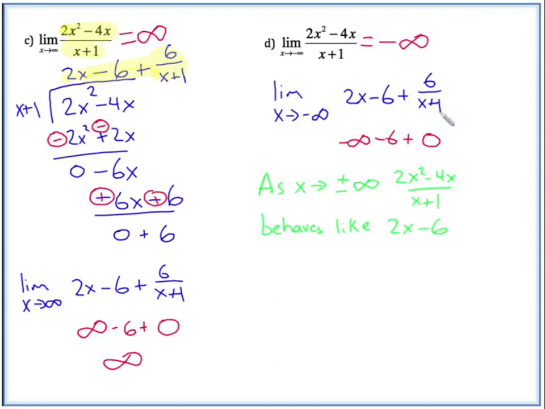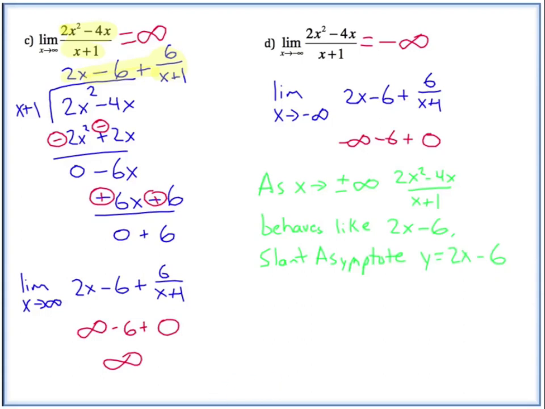So notice this part really didn't matter. So this function is now behaving like this function, and this actually becomes our slant asymptote right here of y equals 2x minus 6.